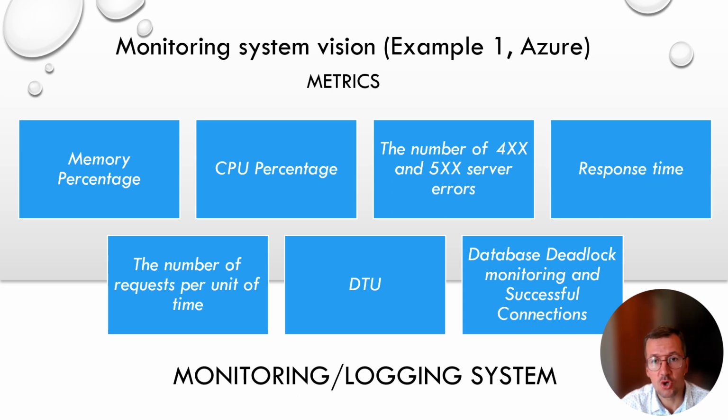This is a value showing the total computing power of the database, and it is based on the utilization of CPU, memory, and read-write operations. Depending on the SKU chosen, the tier can be a performance bottleneck and cause slower response times. Database deadlock monitoring and successful connections.